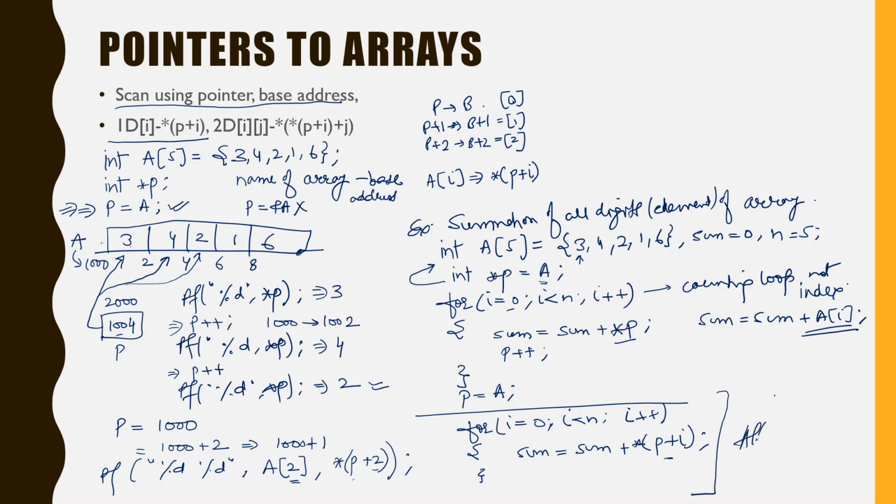So this is an alternative method, because if you use the increment of p, then to access the array again you have to reset p. If you do it in this form, you can directly access any element by adding i to p.